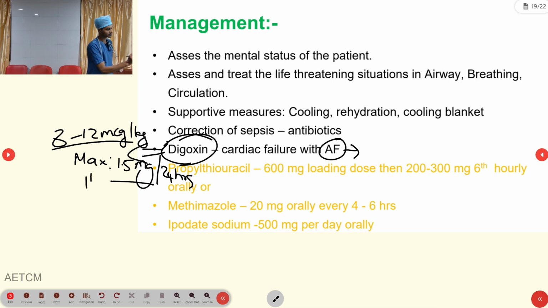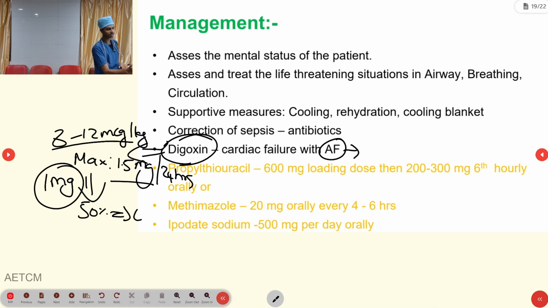So based on the kg calculation, if you are getting a value of 1 mg, in this 1 mg, 50% you have to give as a loading dose. Okay, 50% means 0.5 mg you have to give as a loading dose.